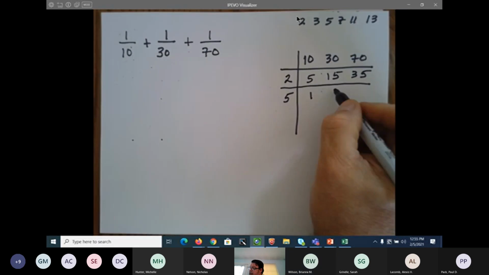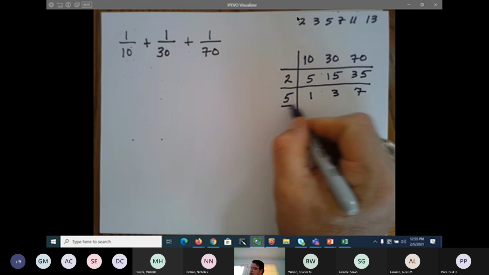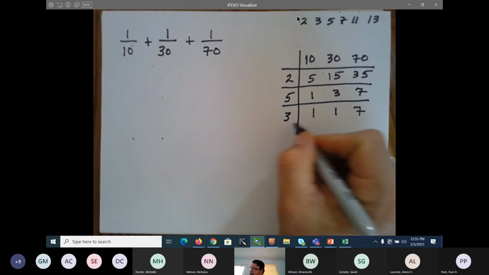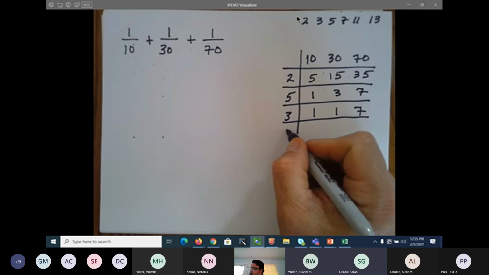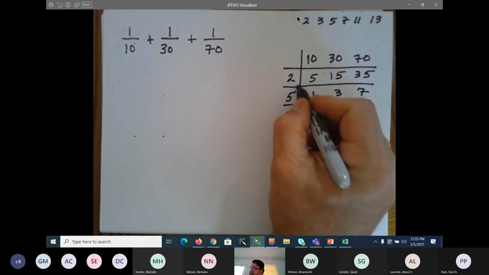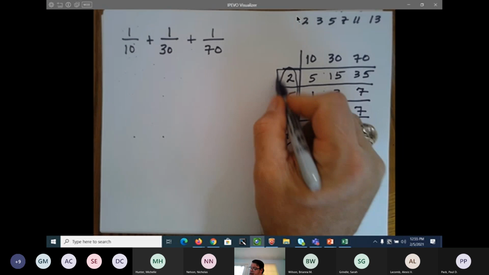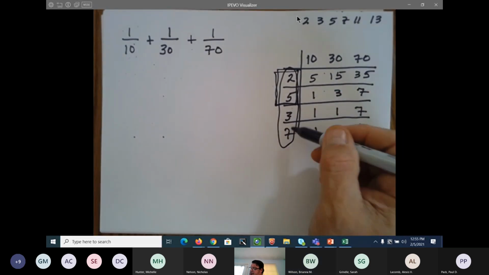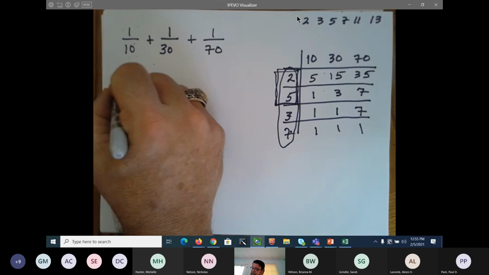1, 3, 7. 3, 1, 1, 7. 7, 1, 1, 1, and there is my common denominator, and I have a 10 here, so anybody can multiply by 10. So 3 times 7 is 21, times 10 is 210.